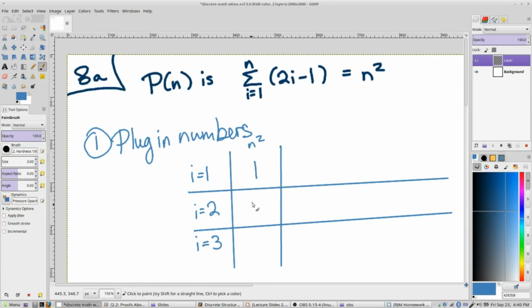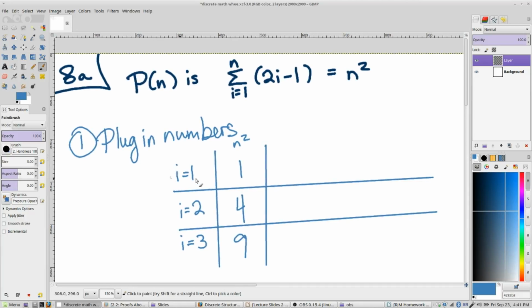That would just be 1, 4, and 9. Now for i is 1, that'd just be the sum of the very first number by itself, so not really summing things together yet. So that will be 2 times 1 minus 1, which is just going to be 1.